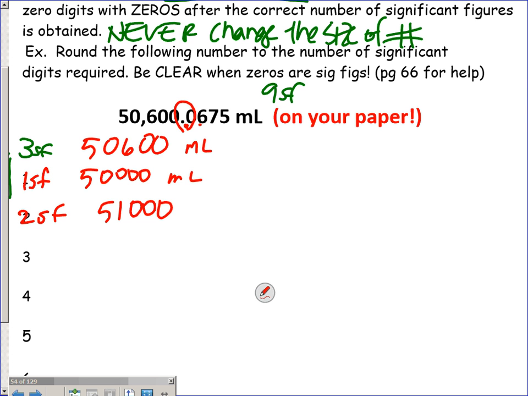So since that 6 is greater than 5, it influences that, and we round up to 1. So I'm telling us right now to round to 2 sig figs, so we're rounding right here someplace, and that's why in this example, I look at the first 2 digits, and I look at the next one just in case, and that 6 is greater than 5, so it's going to cause that 0 to be rounded up to 1.